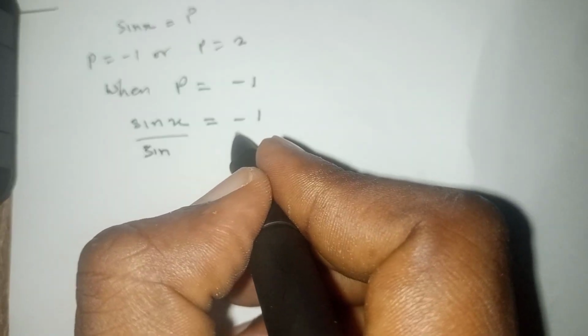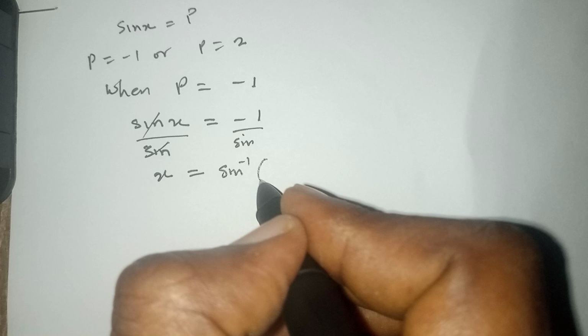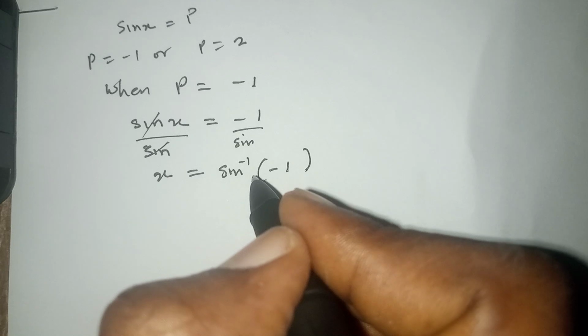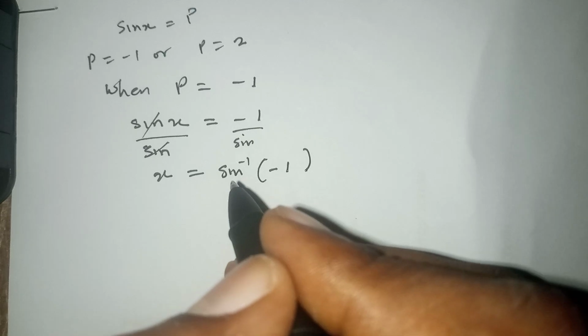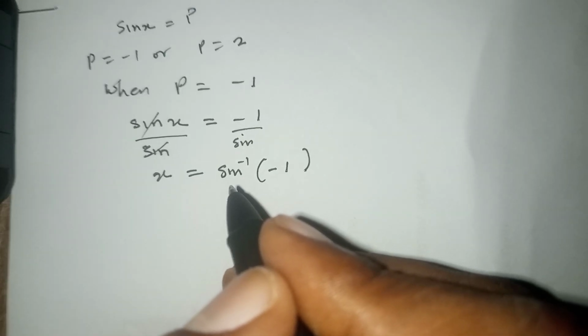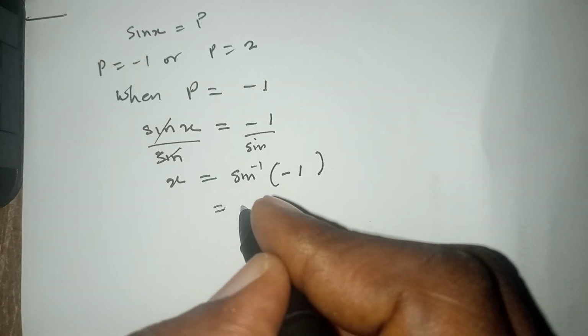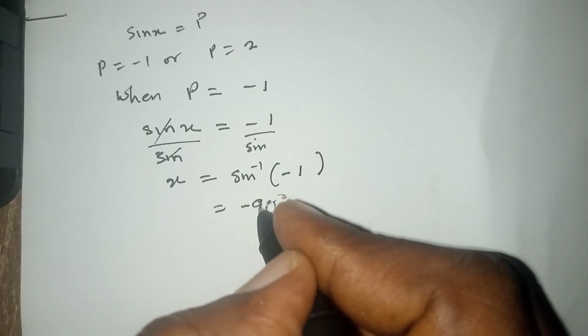We divide both sides by sine, so it remains x here. So we have arc sine, or inverse of sine, of minus 1. Arc sine of minus 1 is minus 90 degrees.